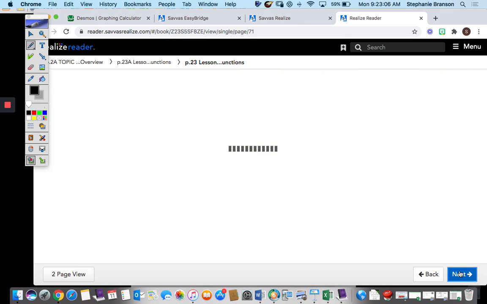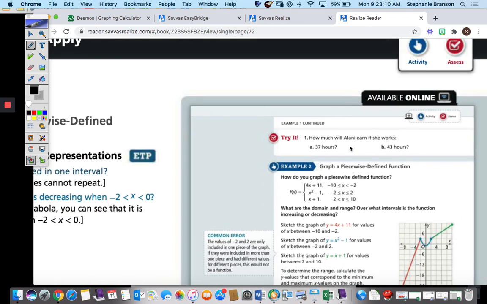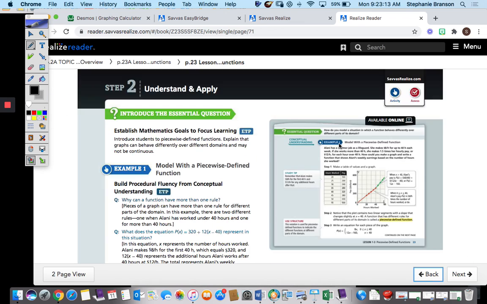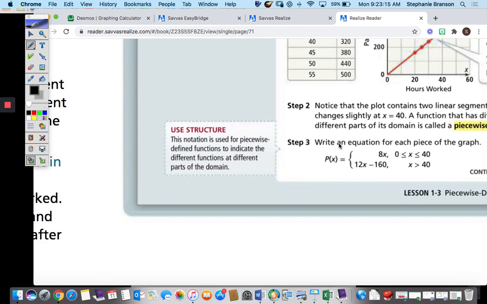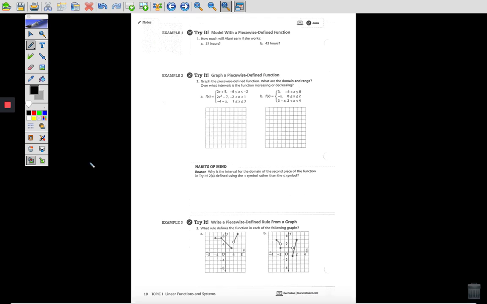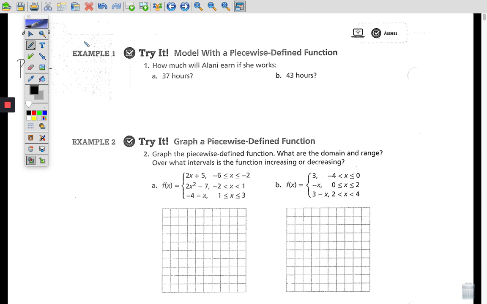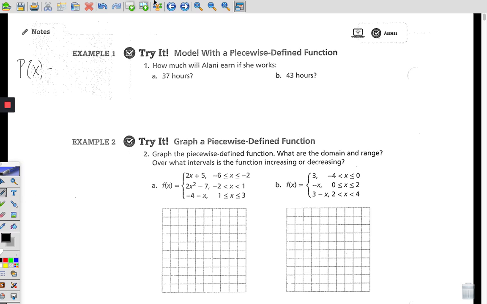So they just want us to figure out how much she will earn if she works 37 hours, or how much she will earn if she works 43 hours. So we're going to use these two equations. Let me come over here and write them. So we got P of x equals, hold on just a second.